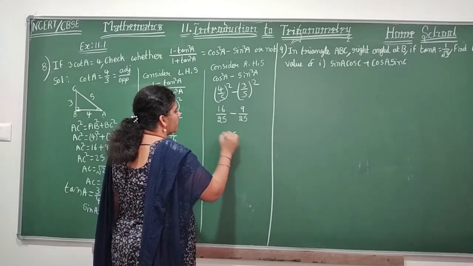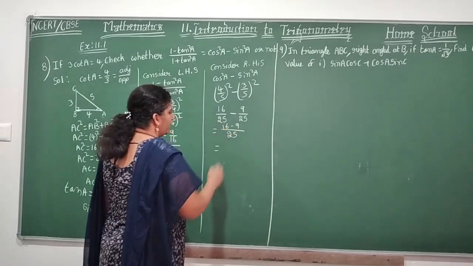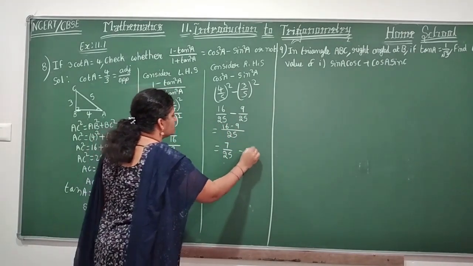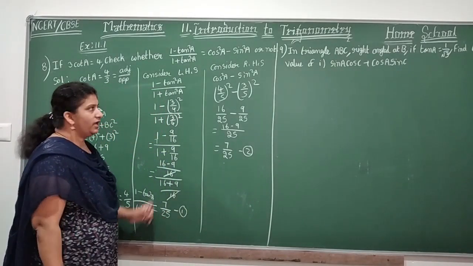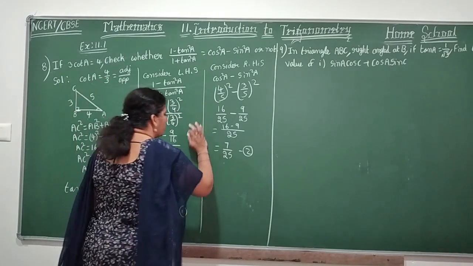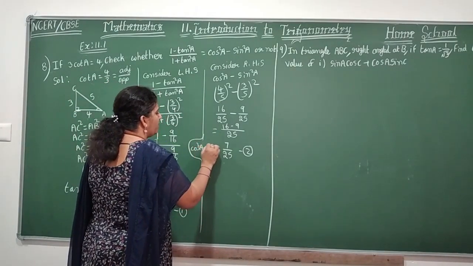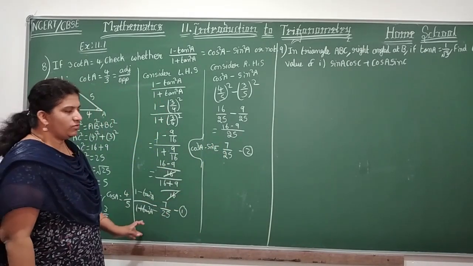Do LCM here, equal to 16 minus 9. That will be how much? 7 by 25. So look here. First equation, 7 by 25 you got. And again second equation, what is this here? Cos square A minus sin square A is also equal to 7 by 25.